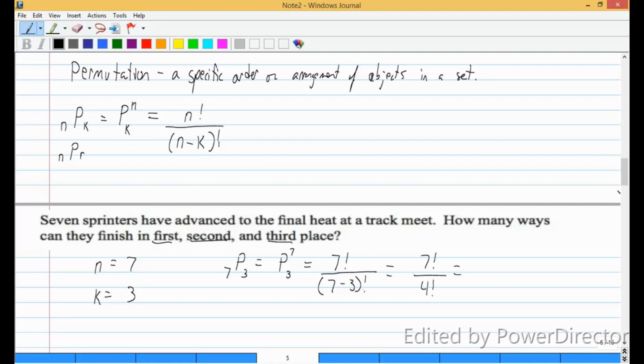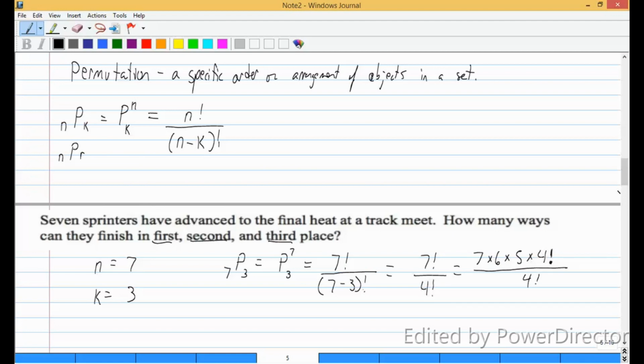But let me show you something. Let me show you a way to help save you some time when you're calculating factorials or permutations. 7 factorial is 7 times 6 times 5 times 4, and then it's times 3 times 2 times 1. But you can stop at any number and put the factorial sign after it, and then do not write a number after it, right? So I can count this down to 4 factorial, and you say, why would you want to do that? Because my denominator has a 4 factorial.